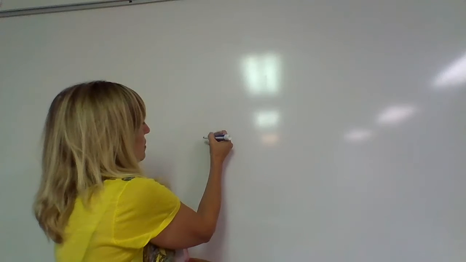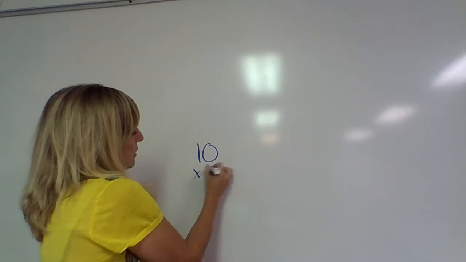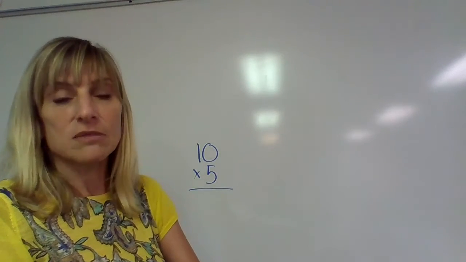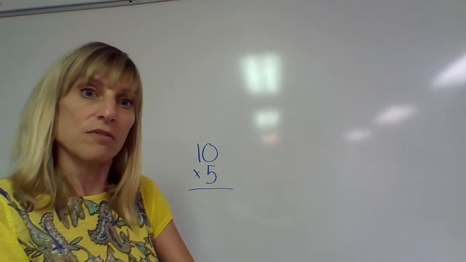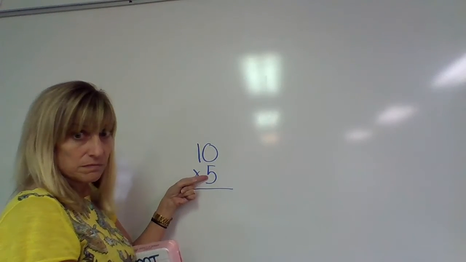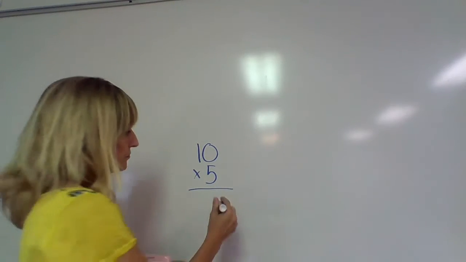So this one, in number 2, the first number is 10 times 5. And we've done 10s and we've done 5s, so you guys should know that. Remember, you can count by 10s 5 times: 10, 20, 30, 40, 50.